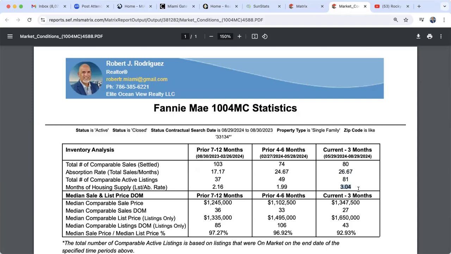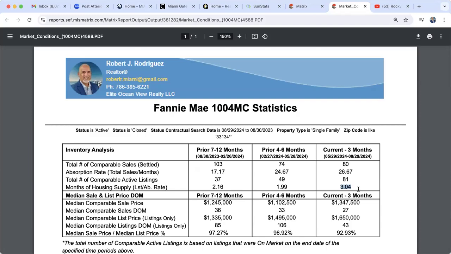Now, anywhere from 0 to 3 months is considered a seller's market, an extreme seller's market. Think of walking into Best Buy looking for one specific television, and there's only one left, and there are 10 buyers looking at the same television.